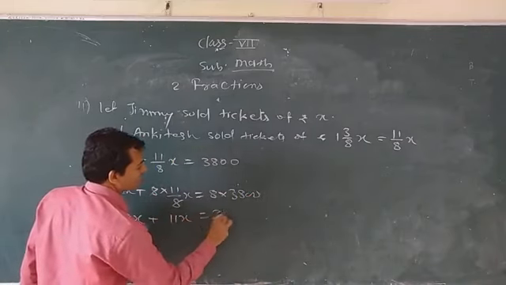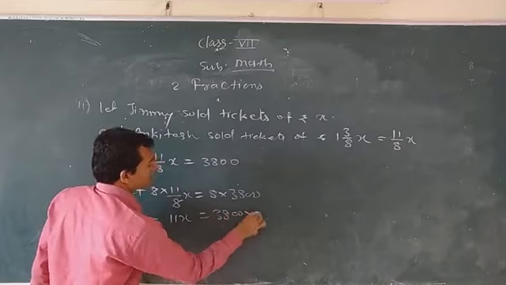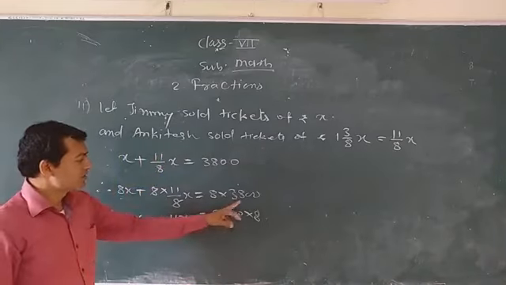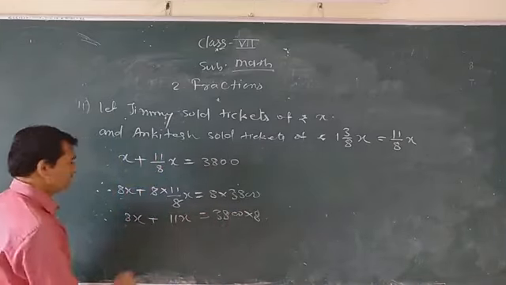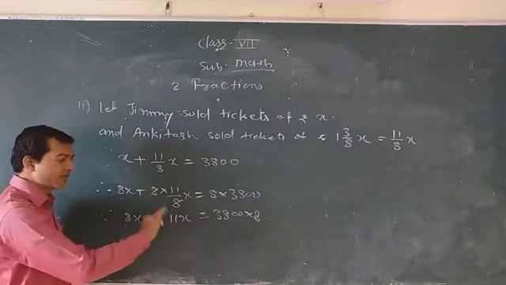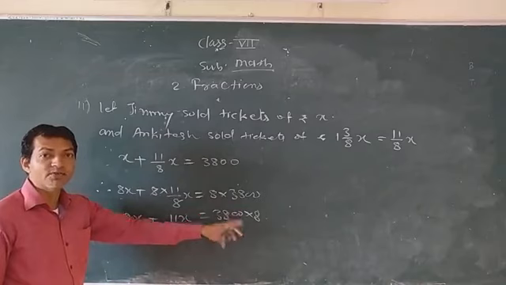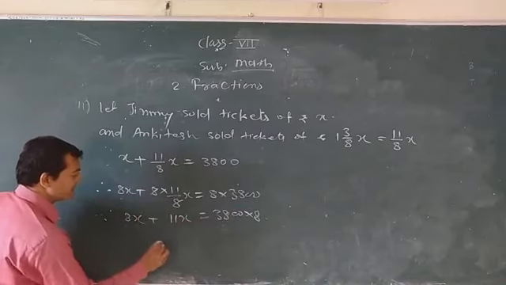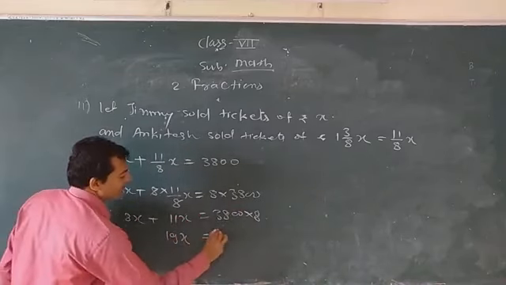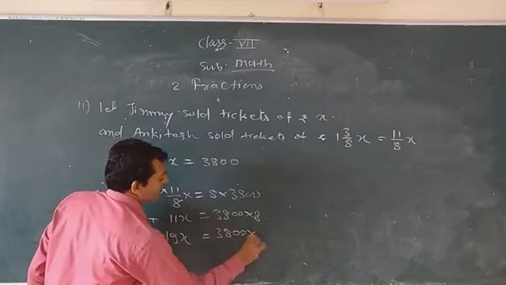So this will be equal to 3800 into 8, which remains as it is. Don't multiply here. You can multiply it, no problem, then you can divide. But if you keep it like this, it is very easy to solve. Then 11 plus 8 means 19x. This is 3800 into 8.